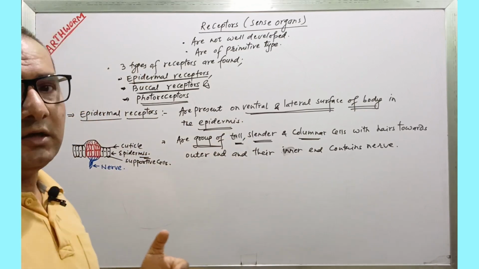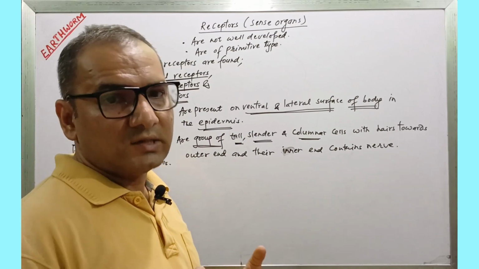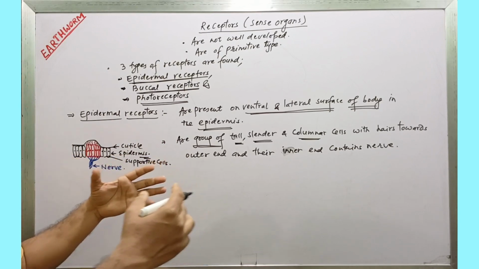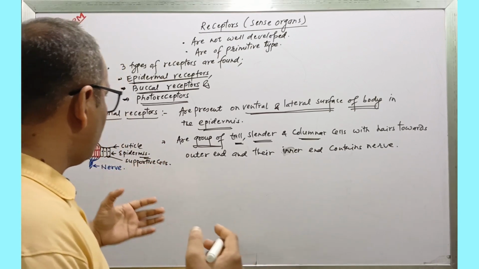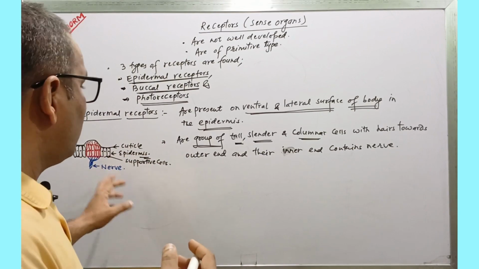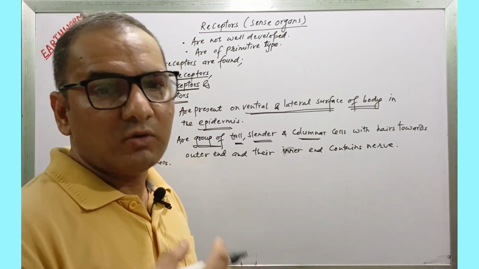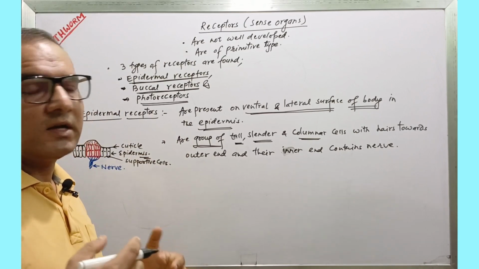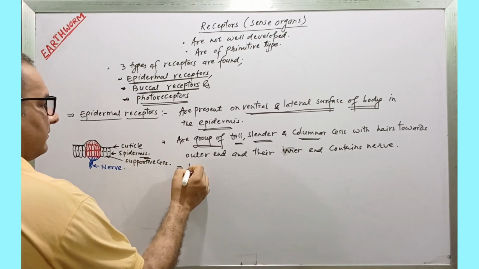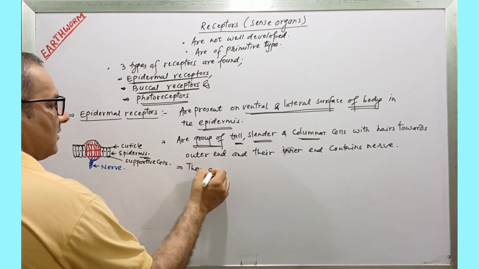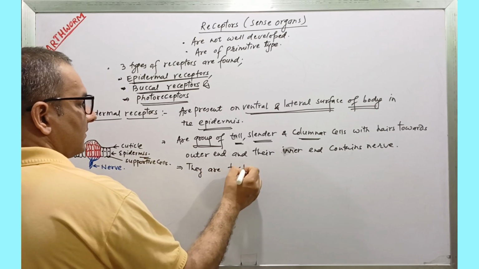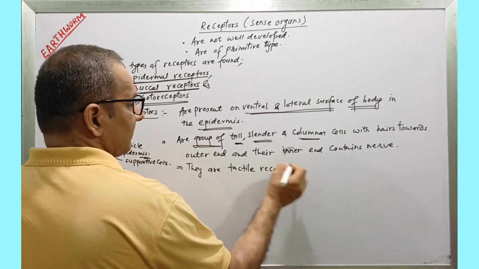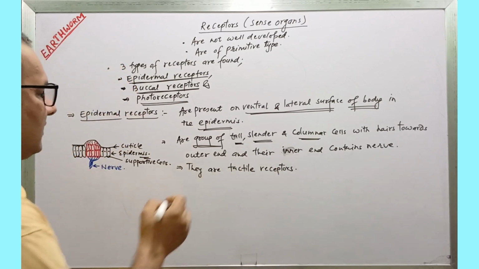They are mainly tactile receptors, sensitive to touch. Few are also thermoreceptors and chemoreceptors, but mainly they are tactile receptors.